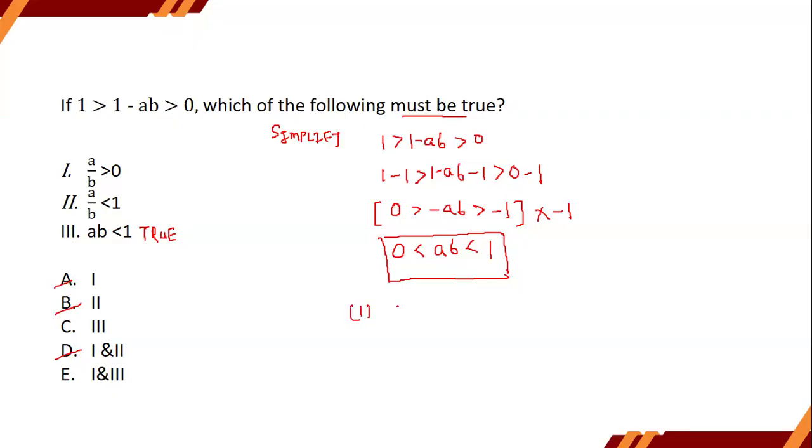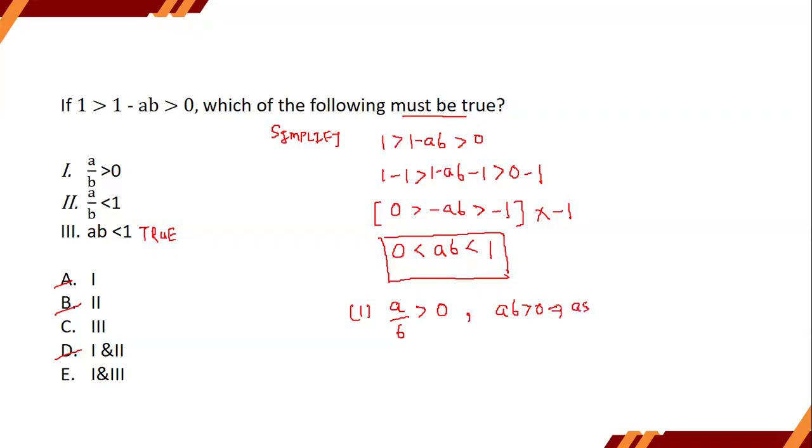So option 1 is A by B is greater than 0. How can we derive this? All right, so what we can observe over here is that the product of AB is greater than 0, right? So if the product of AB is greater than 0, what can we infer?